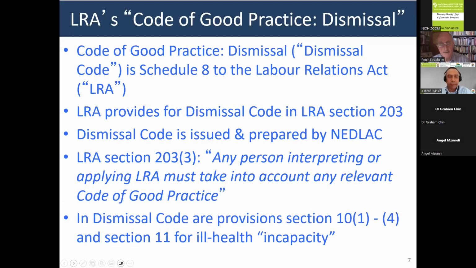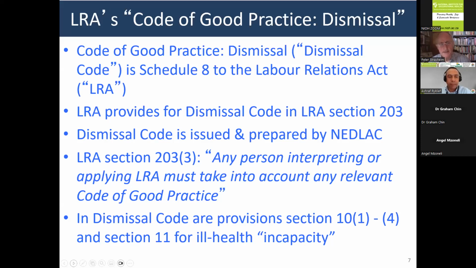It's my respectful view that it no longer does, and that very fact is a risk to everybody. And I would suggest that NEDLAC might like to consider relooking at the code on incapacity dismissal, because quite clearly, following COVID-19 and the catastrophe and harm that was caused, that code no longer states the law, as you will see from the rest of these slides.